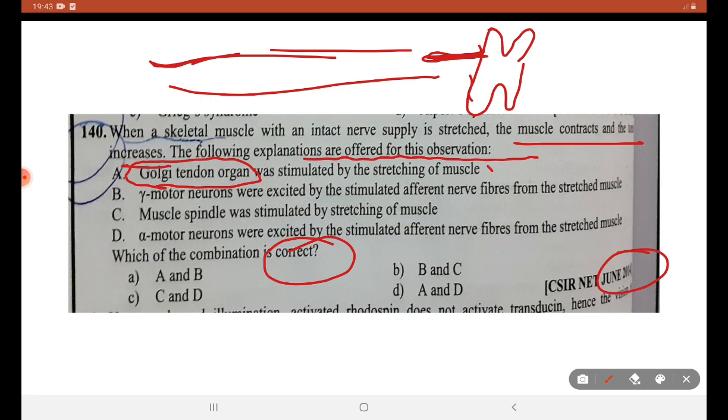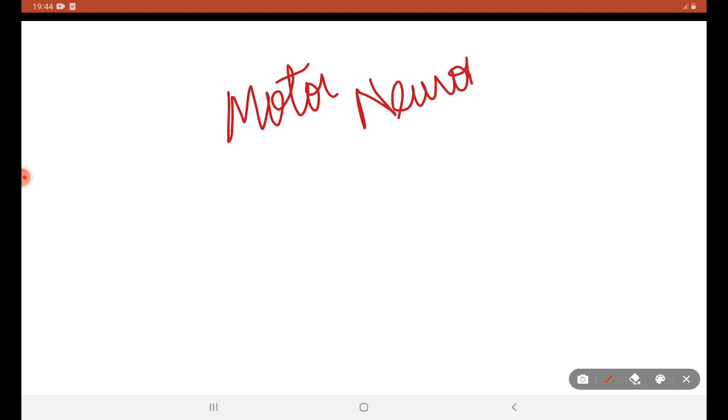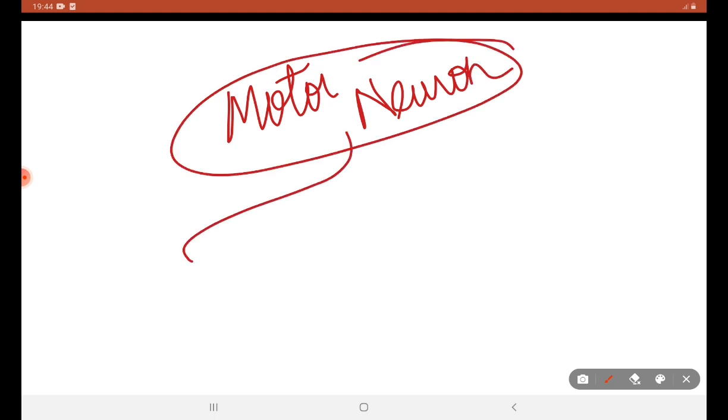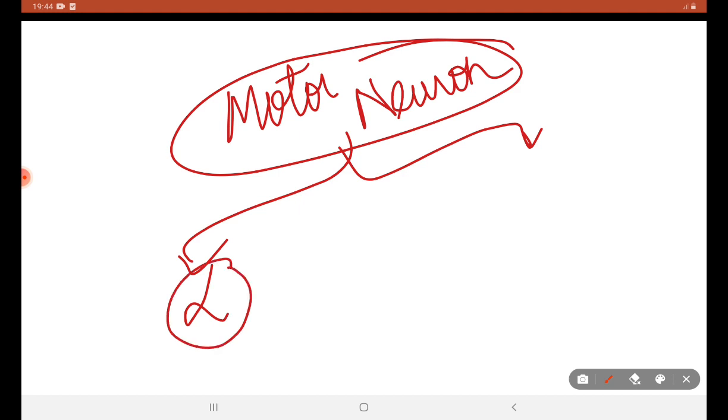Next is about gamma motor neuron and alpha motor neuron. We will see quickly about both. What are motor neurons, and what are alpha and gamma motor neurons? Motor neurons have motor, physical functions. They are of two categories, alpha motor neuron and gamma motor neuron.